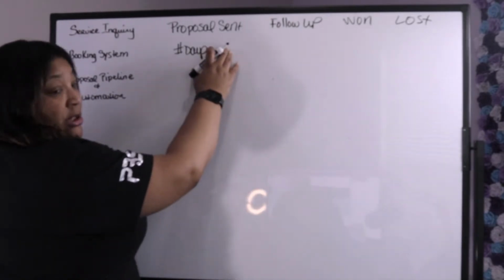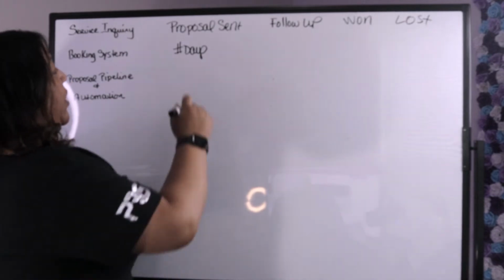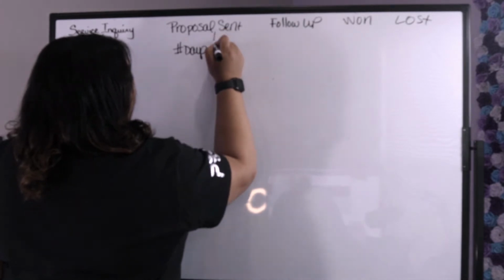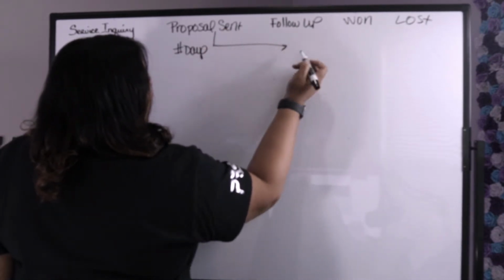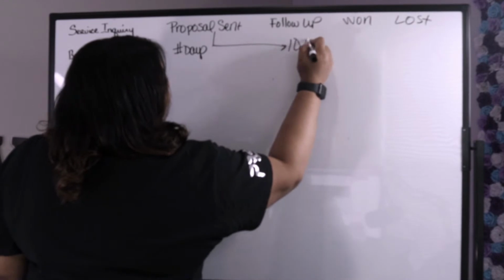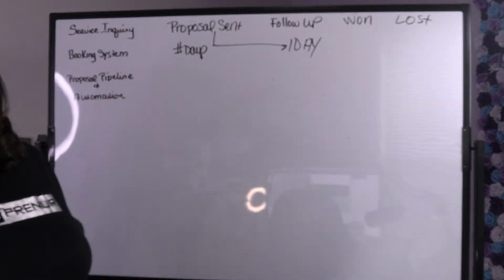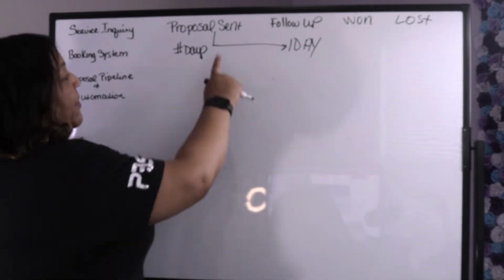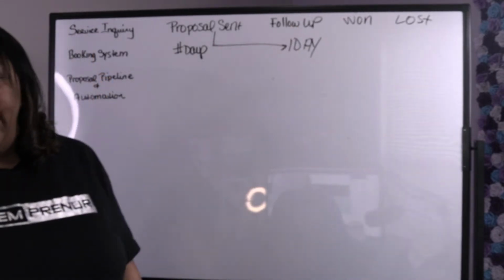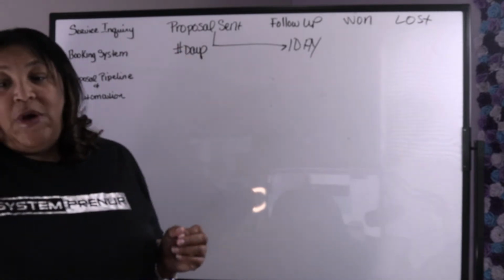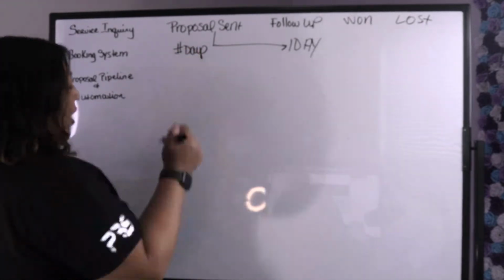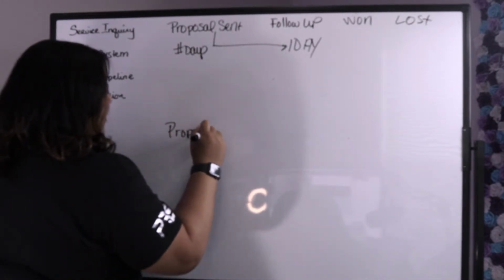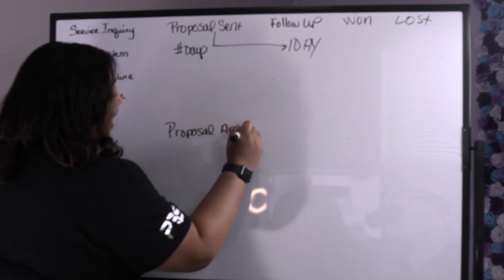This can be automated. So we say proposal sent. Now we move to follow up, right? So if we say one day, we're going to follow up. But how does it know from here to here that the proposal wasn't accepted? Because we're going to have automation on the proposal acceptance action.